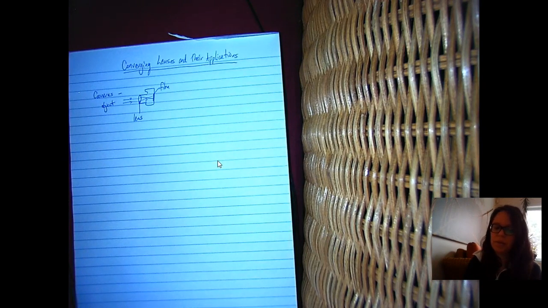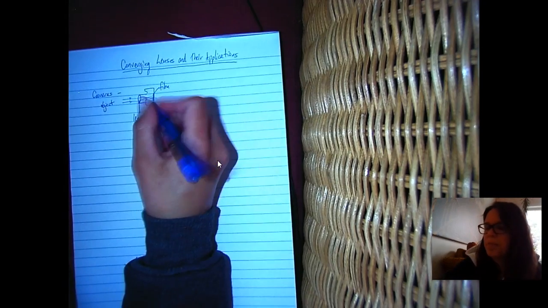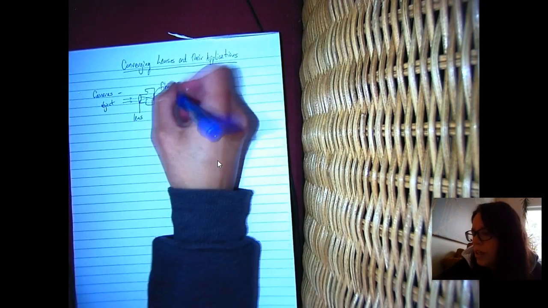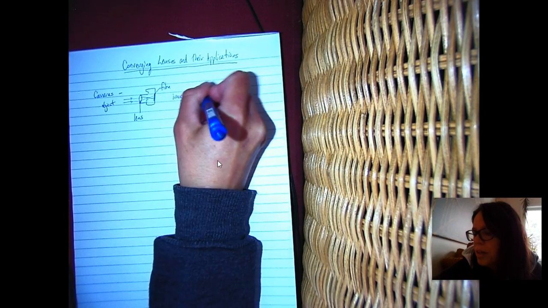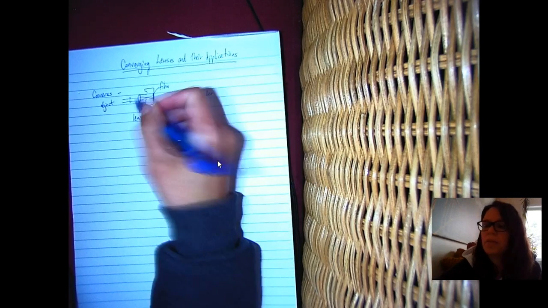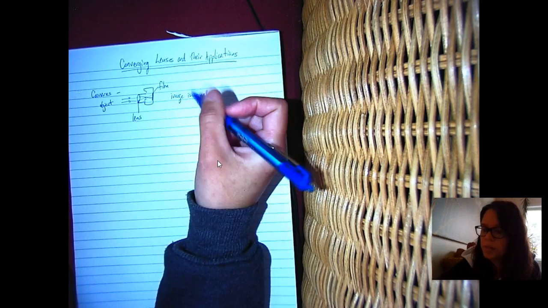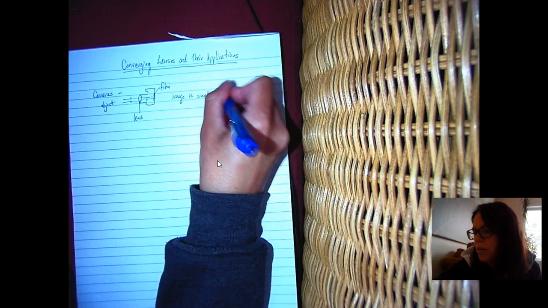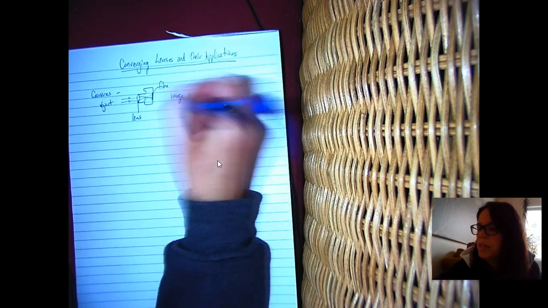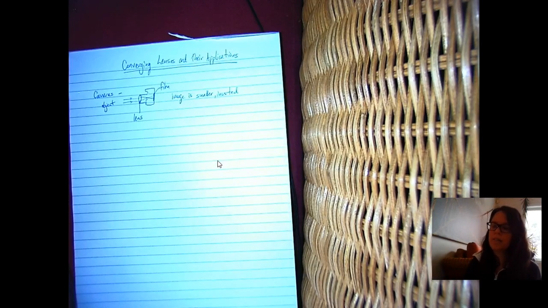A couple things about this, which you'll see with the images. The image is going to be smaller than the original object in most of the cases we're looking at, and it's going to be inverted, which means upside down. This is really similar to your eye, okay? Same idea.